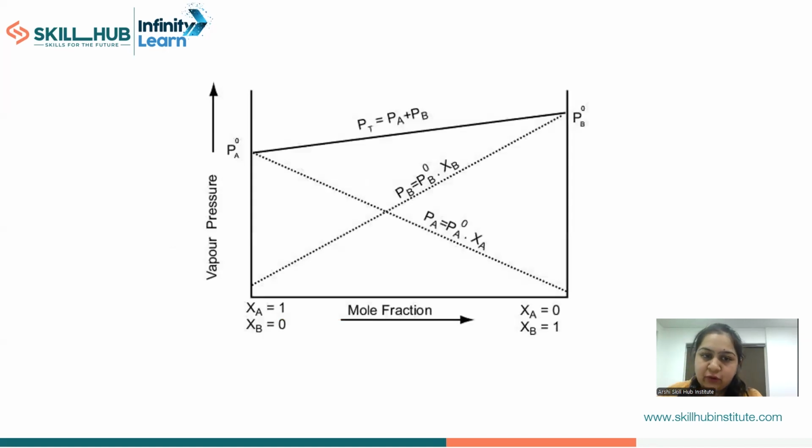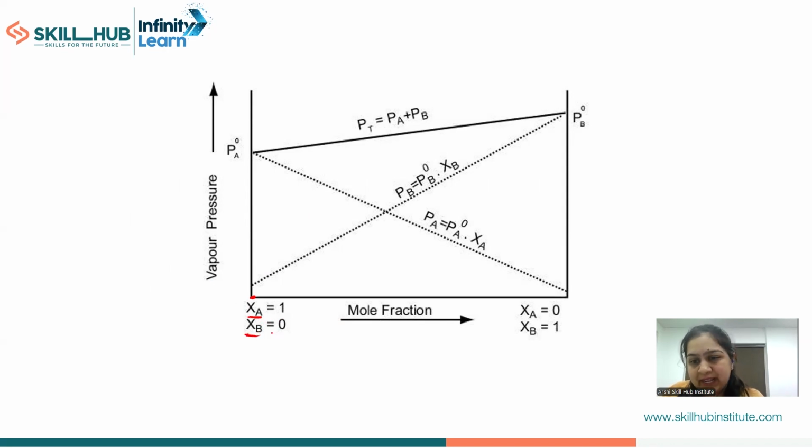If you see the graph over here, this graph is very simple, though it may seem difficult. What we have taken over here is, let's say, this point represents the pure liquid A. If I say pure liquid A, it means the mole fraction of A is going to be 1 and the mole fraction of B is going to be 0 because there is no B over here.